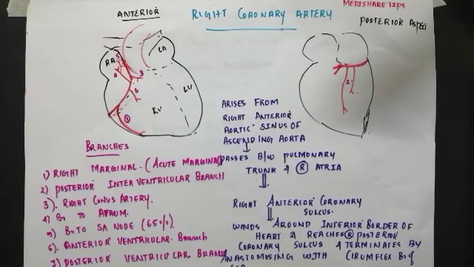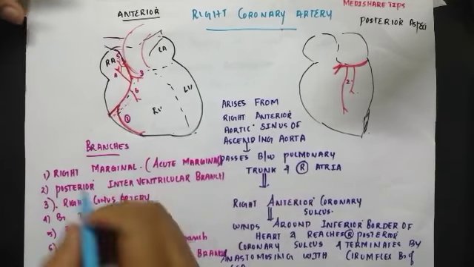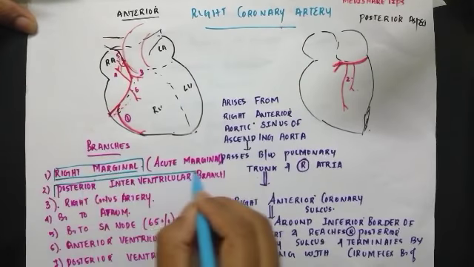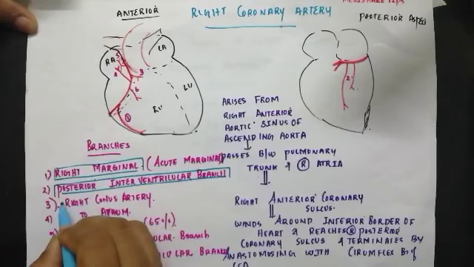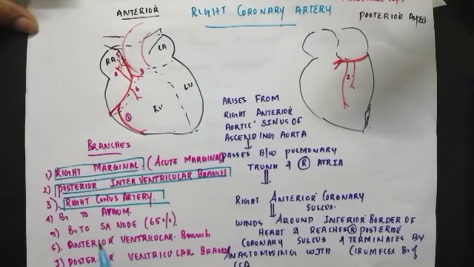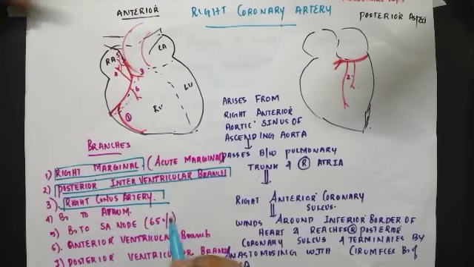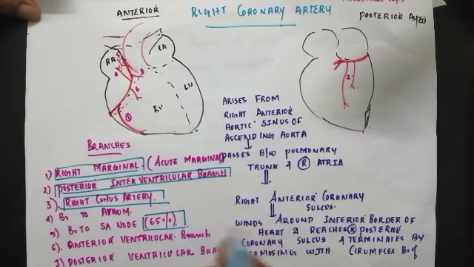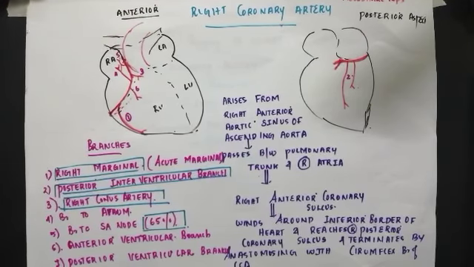So these are the branches. Among these, the main branches are the right marginal artery or acute marginal artery, the posterior interventricular branch, and the right conus artery. These are the large branches. And there is a nodal branch to the SA node. The SA node is supplied by the right coronary artery in 65% of humans. In the rest of the 35%, the SA node is supplied by the left coronary artery. There are also branches to the atrium, and anterior and posterior ventricular branches.